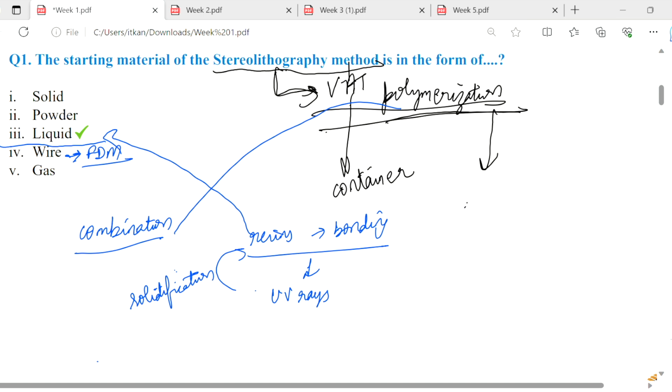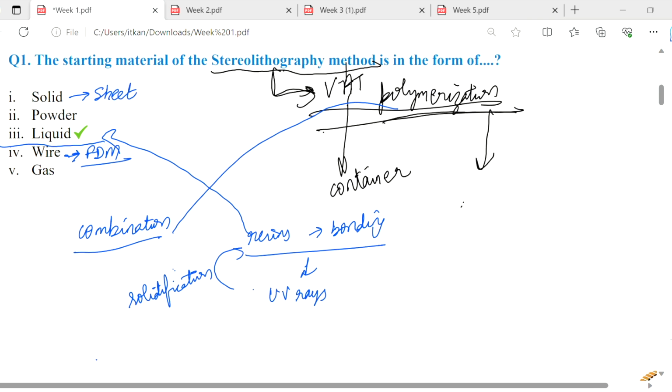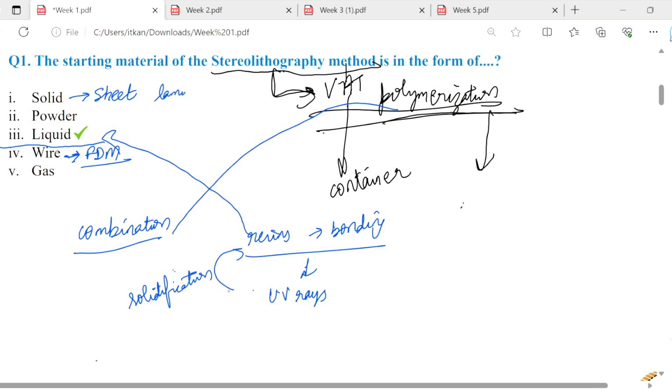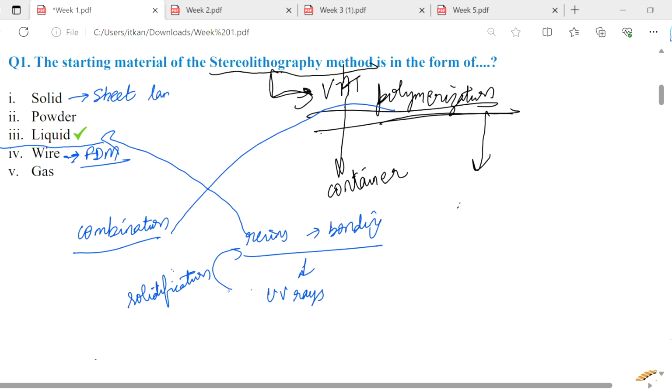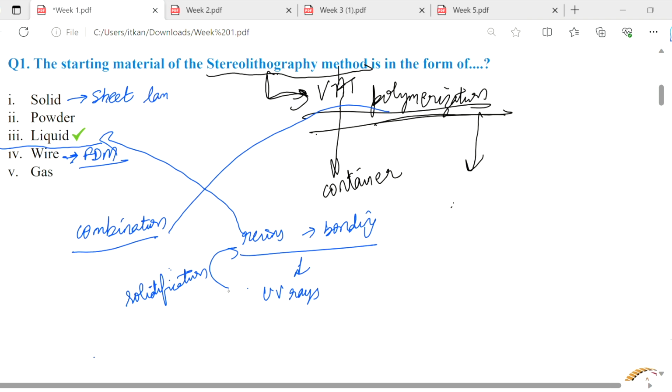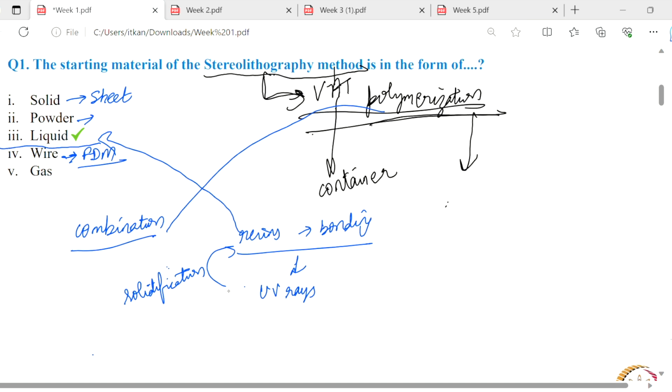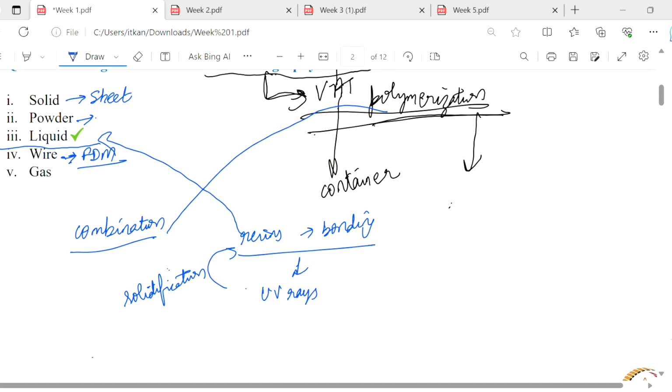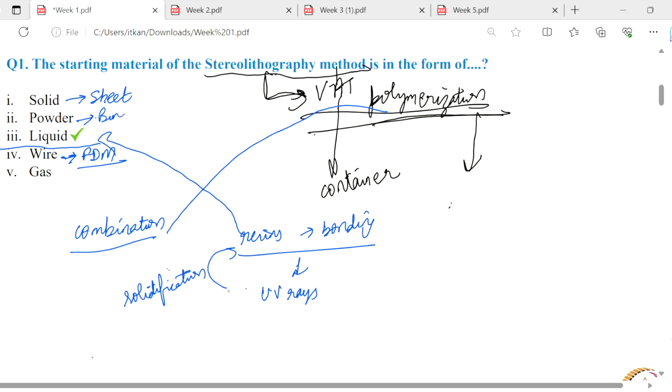Solid, we have sheet lamination, binder jetting, powder bed fusion.